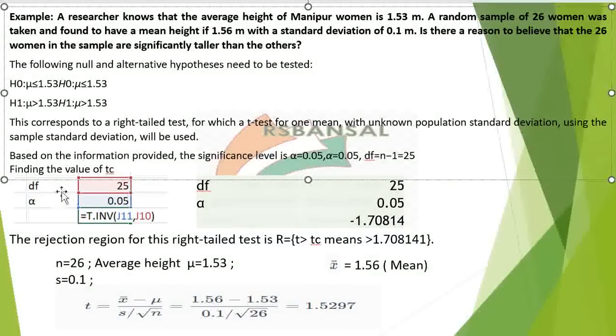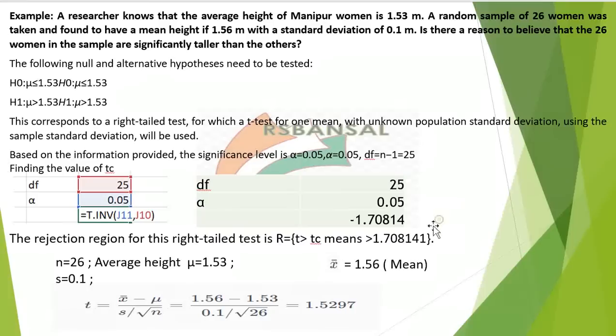The formula is T.INV(25, 0.05). TC will come out to be 1.70814. So T should be greater than 1.70814.